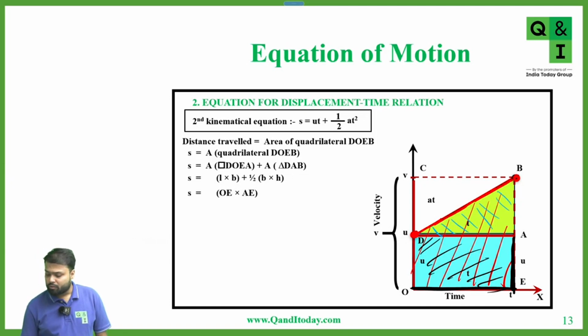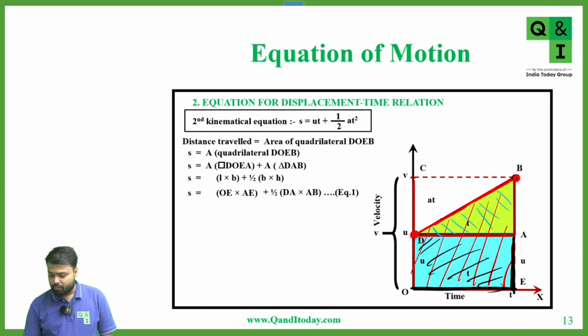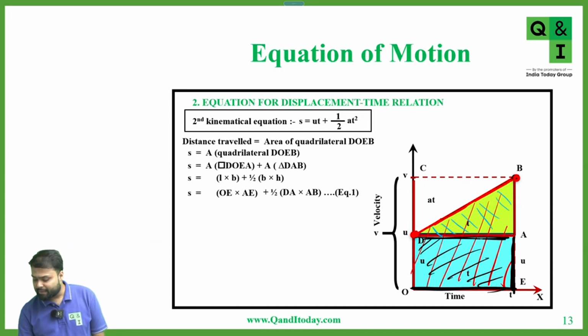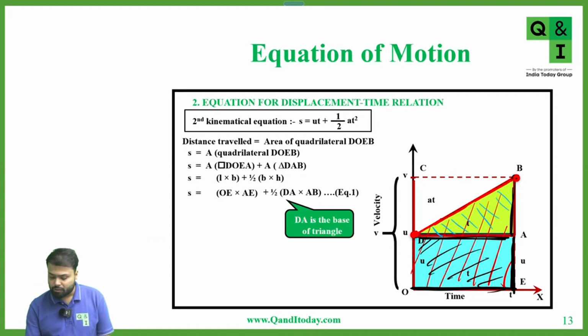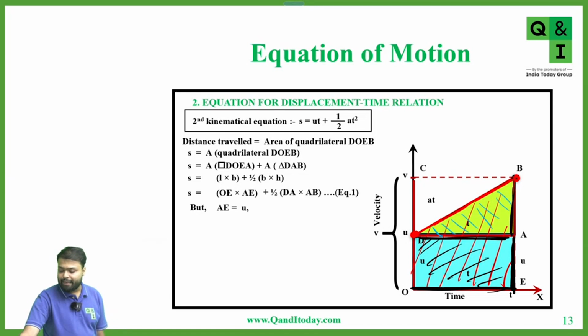Yes or no? So now, if we talk about the triangle, the area of a triangle is half base into height. Half into base is DA, into height AB. Now we'll put the values. DA is the base of the triangle, AB is the height of the triangle. AE is equal to U. OE is equal to DA is equal to time. Yes or no?